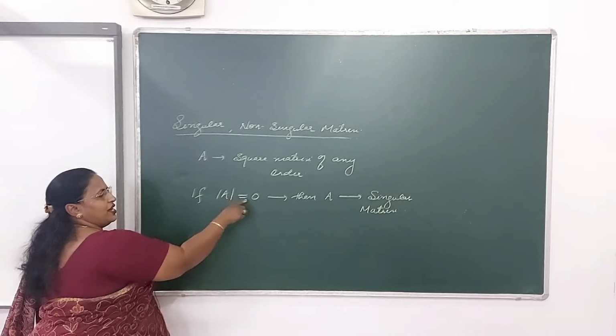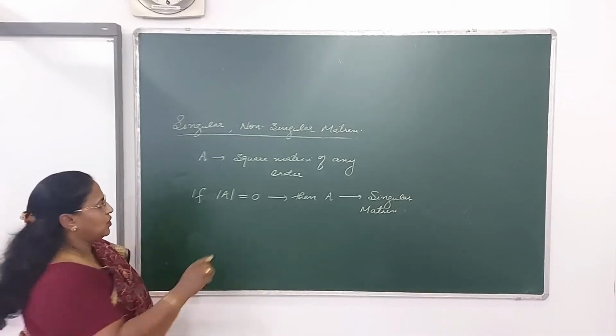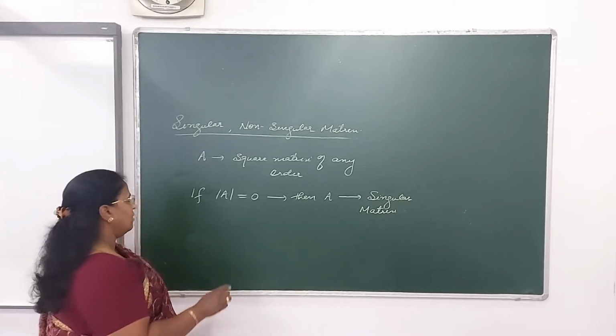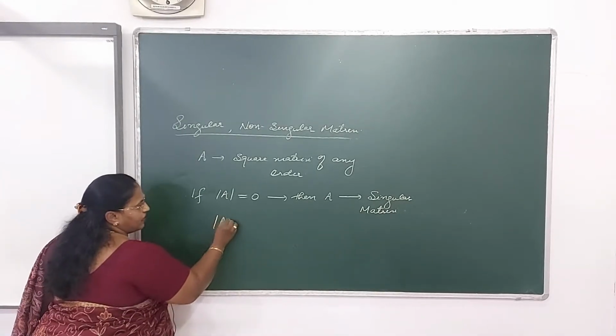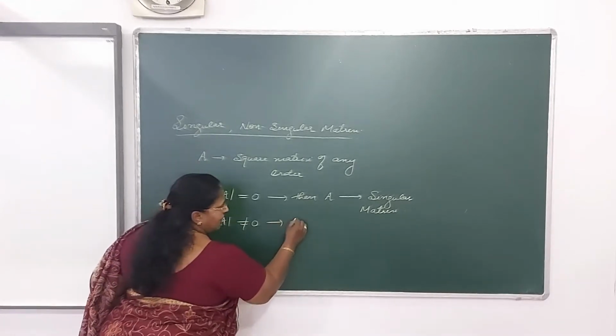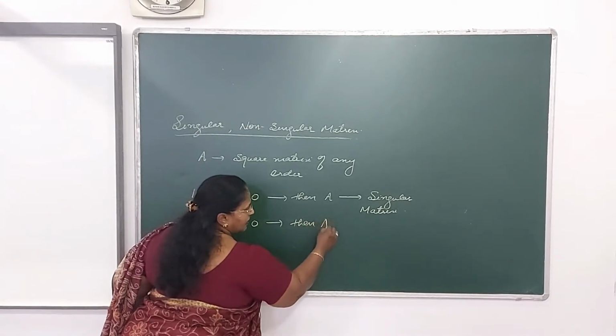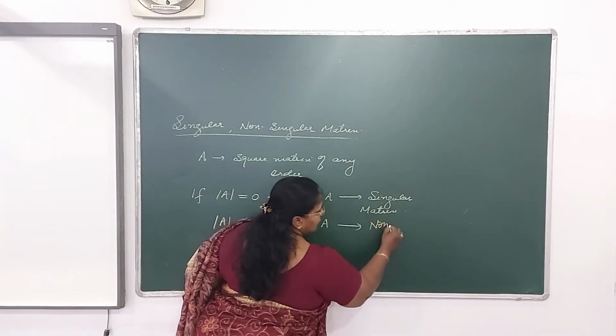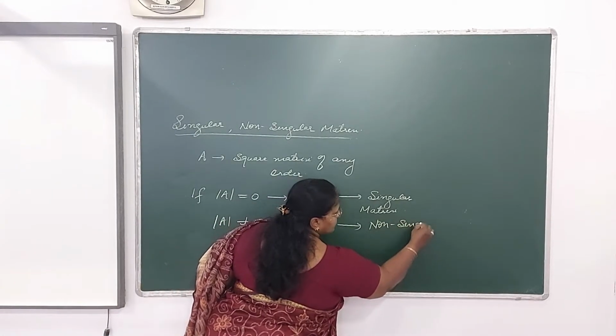So if determinant of A is equal to 0, then the matrix A is called a singular matrix. Likewise, if determinant of A is not equal to 0, then the square matrix A is called a non-singular matrix.